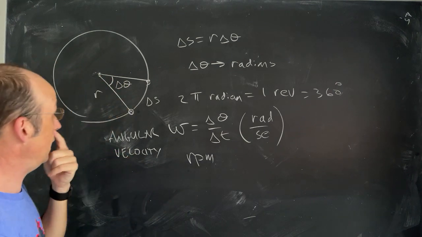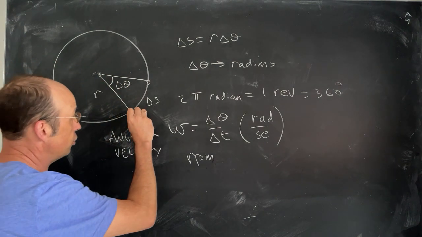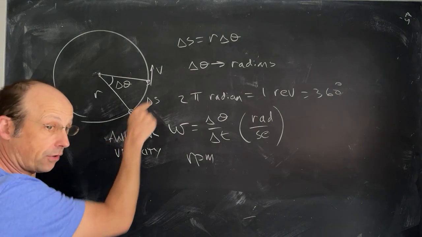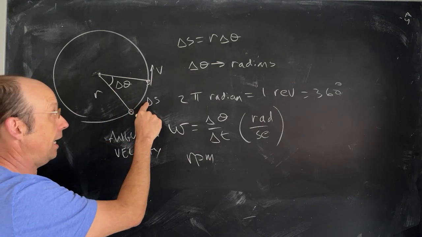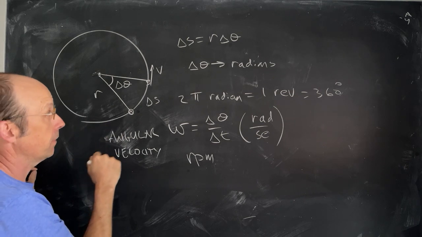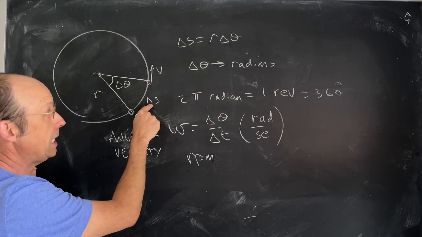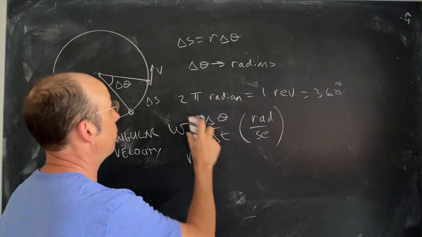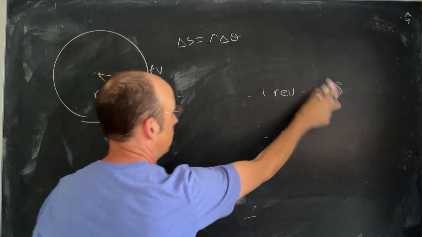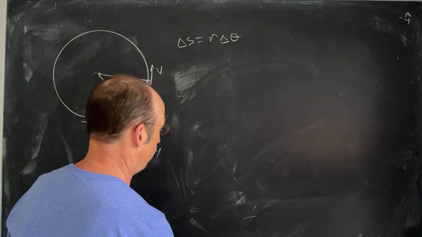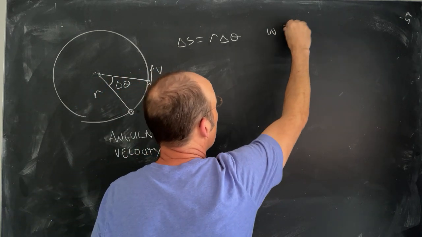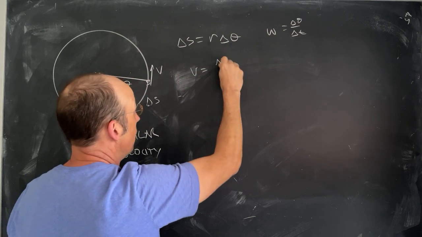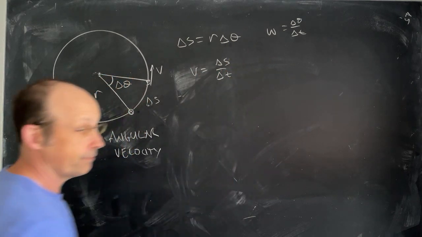So let's say that I want to make a relationship between the magnitude of the velocity for an object moving in a circle, and delta s, r, and delta theta. Well, I can write v, the velocity, as the rate of change of s. I'm running out of room. I planned poorly here. I'm going to write this up here. So v is delta s over delta t.